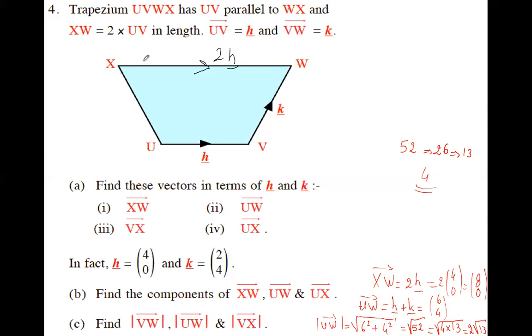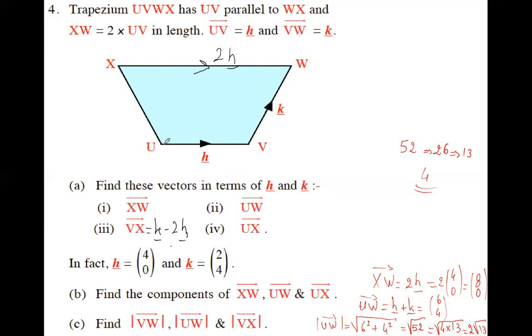That means WX is the opposite of 2H. It becomes minus 2H, the negative version of 2H. So VX is just K minus 2H. Okay, so that's how you would write it: VX equals K minus 2H. And we've expressed that just the way they've asked us to do.